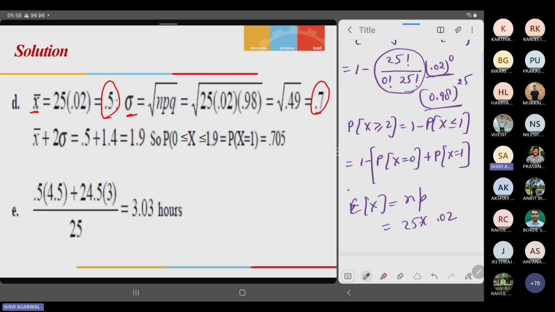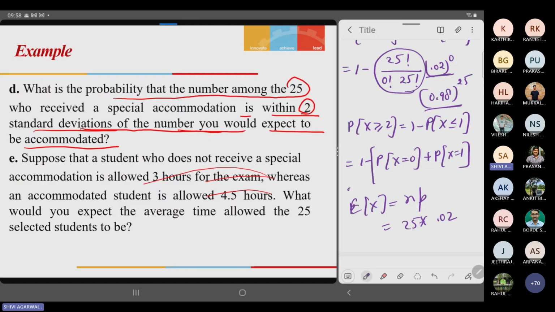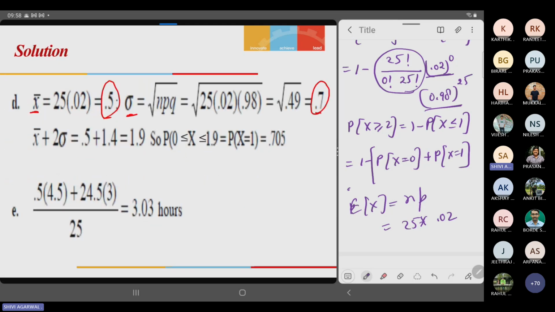So they're just asking about the question. Just go to the question. Within 2 standard deviations. So 2 multiplied by standard deviation. So it is x bar plus minus 2 standard deviations here. Okay. So it is 1.9, and x bar minus 2 sigma becomes 0.5 minus 2 multiplied by 0.7, and that is coming less than 0.